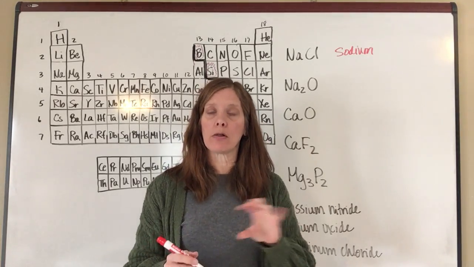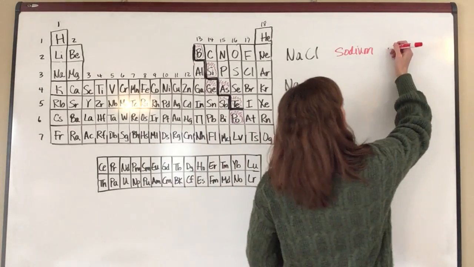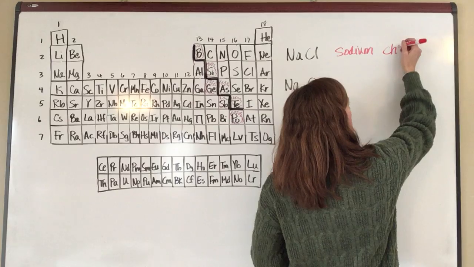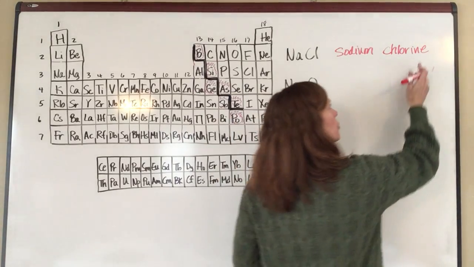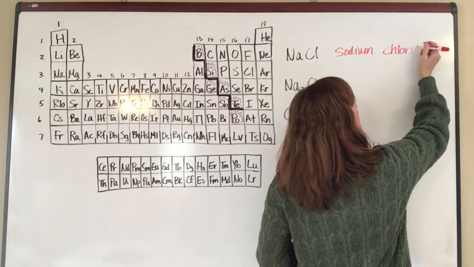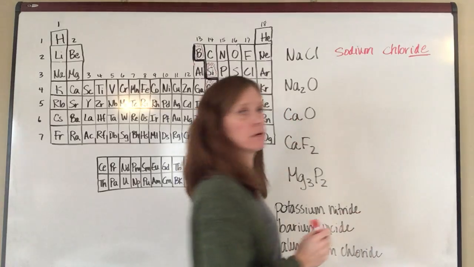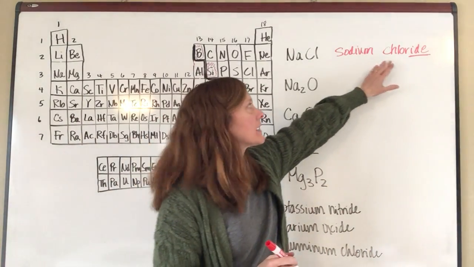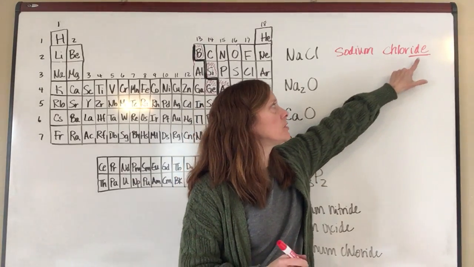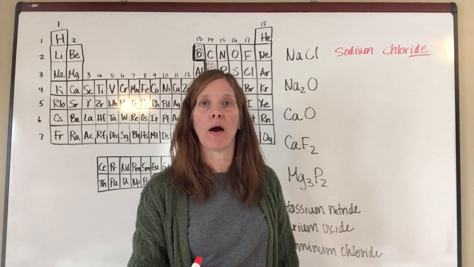So whatever element that I'm using, it has to end now in an IDE. So instead of chlorine, I'm going to change it so it's chloride, sodium chloride. Okay, so everything here: first element's name, second element, you're going to use the root, but then you're going to put an IDE on the end instead of what ending is already on it.